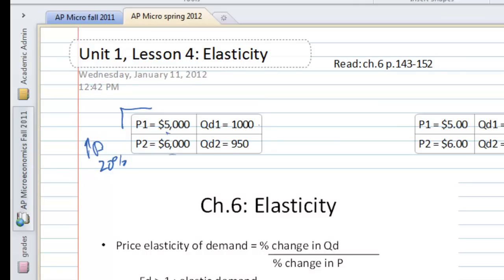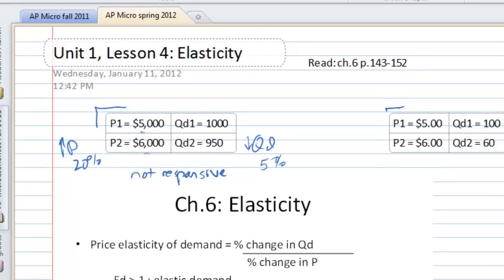As a result of that 20% increase in price, the quantity of emergency pet care demanded decreases from 1,000 to 950. That's a decrease in quantity demanded of only 5%. So we would say that this good, pet care, is not very sensitive to the price increase. I would say not responsive to this price increase, relatively.